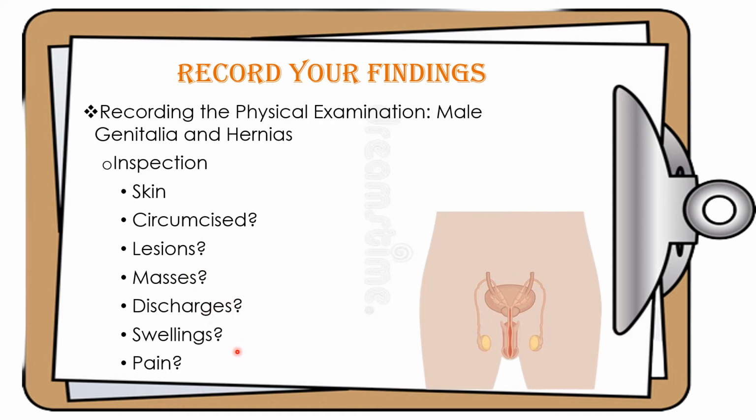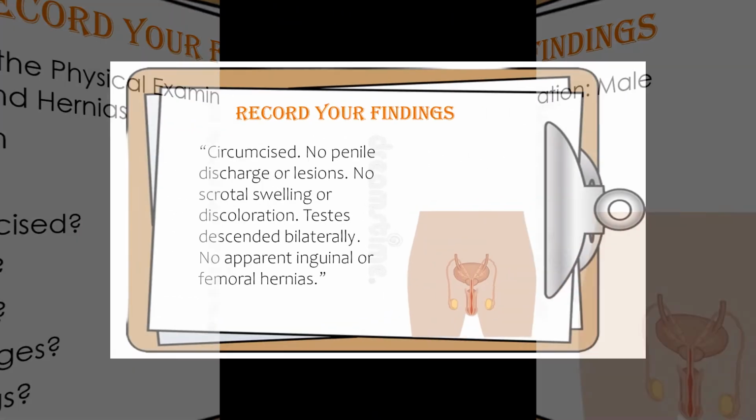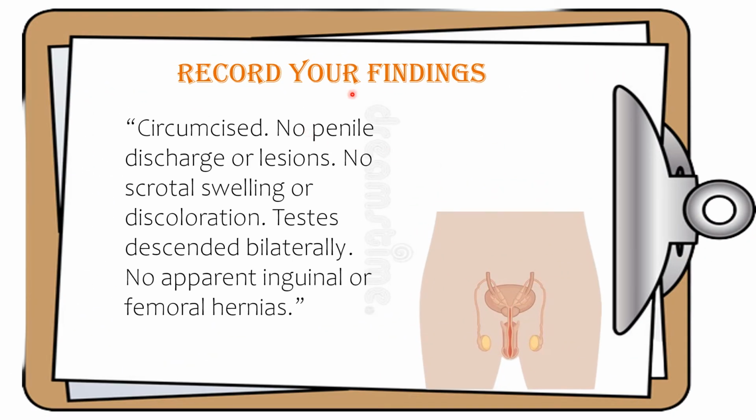Is there swelling and pain? This slide shows an example of how you document your findings. For example: circumcised, no penile discharge or lesions, no scrotal swelling or discoloration, the testes descended bilaterally, no apparent inguinal or femoral hernias.